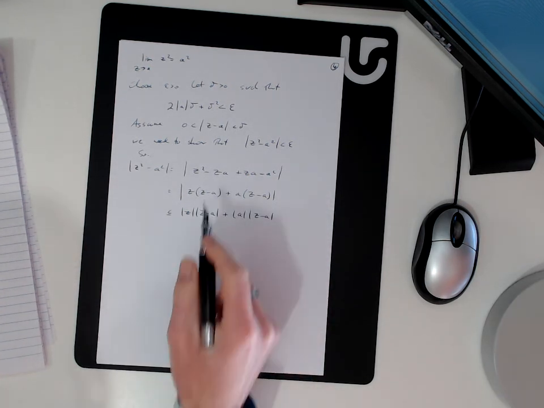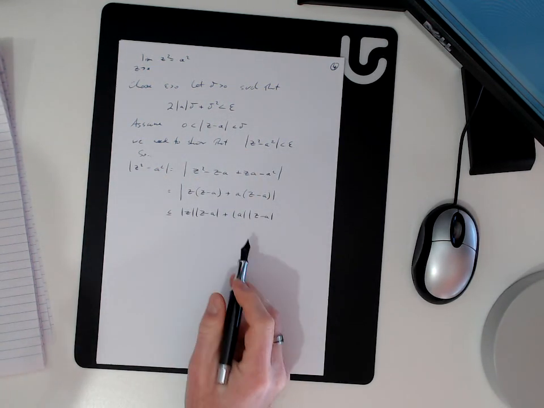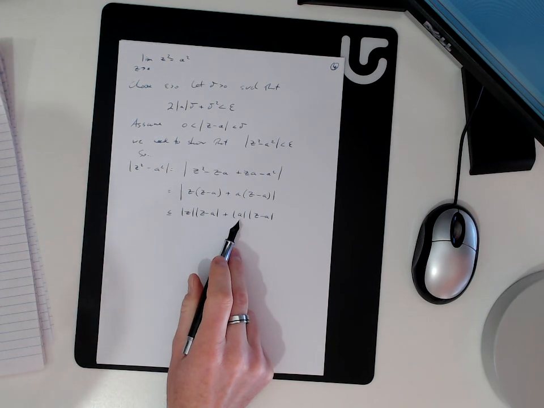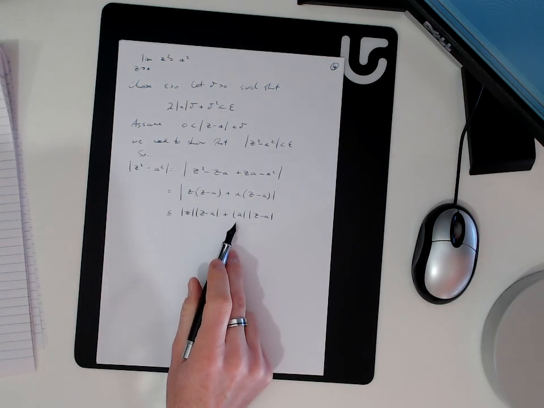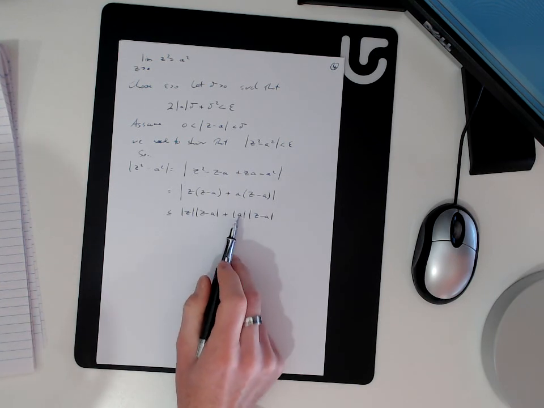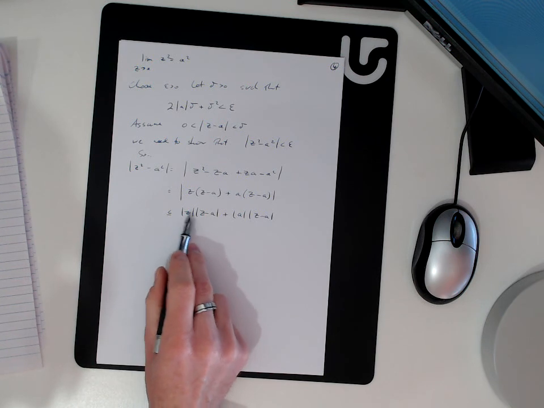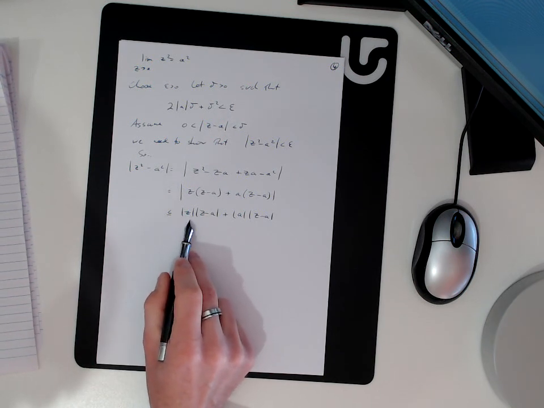So |z − a| is less than δ, so that's good. We know δ is less than ε. Great. And I have an a in here, and that's the thing that I knew beforehand that we're taking the limit of, and so I'm allowed to pick my δ thinking about the a. And so I need to control this somehow.